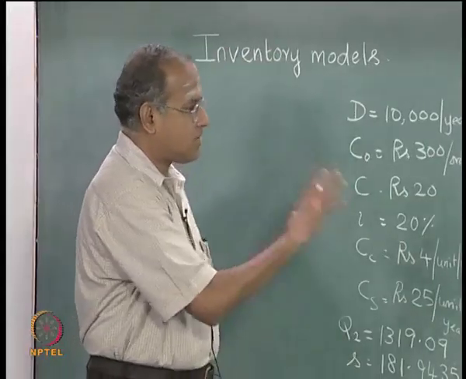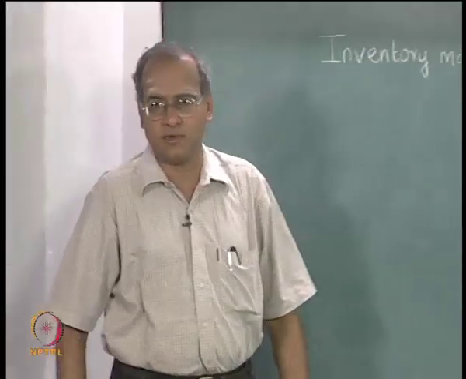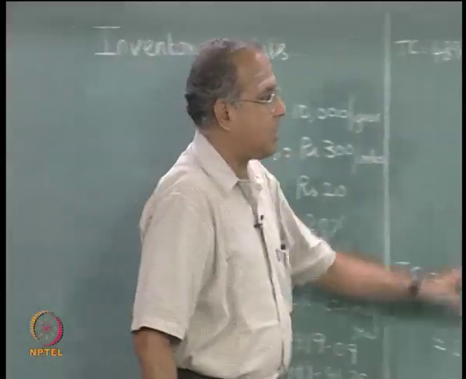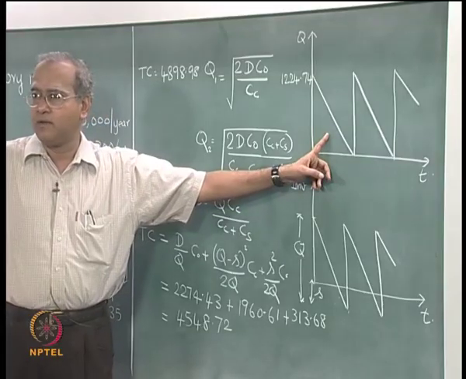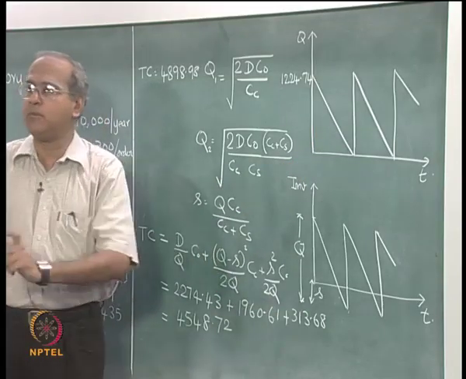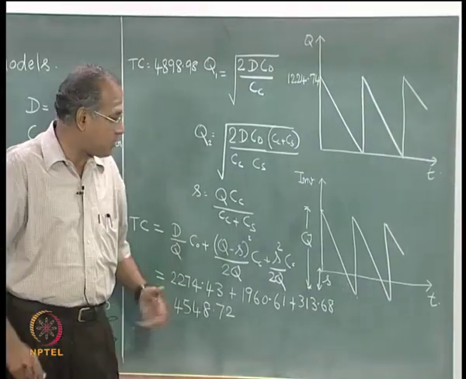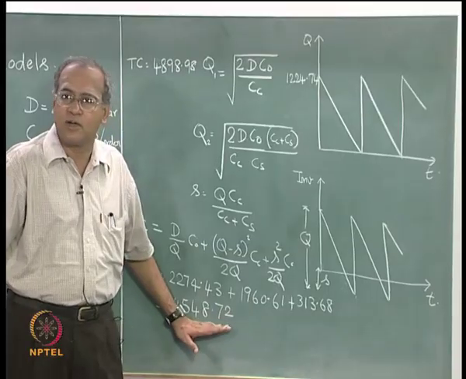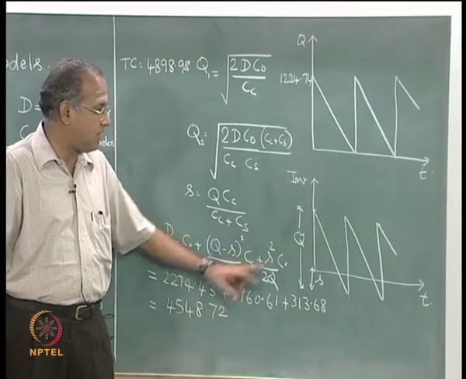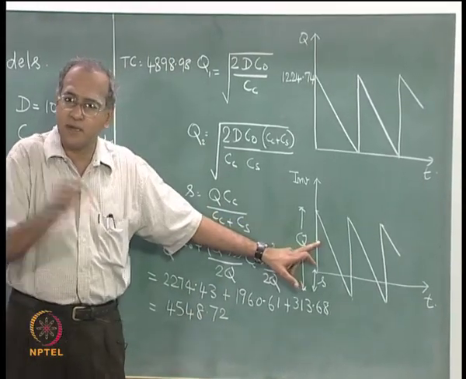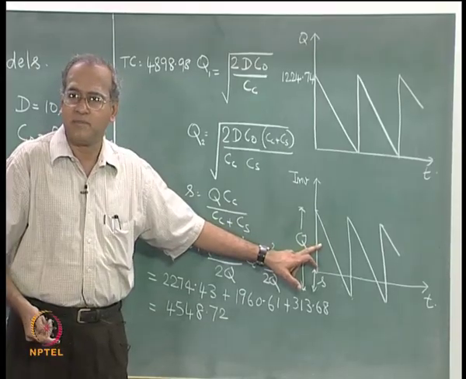Now this actually points us to a very interesting question. Now this is a model which did not allow back ordering, this is a model that allowed back ordering. So when we allow back ordering, we seem to get a lesser total cost, we seem to be holding lesser quantity for a lesser period in inventory.